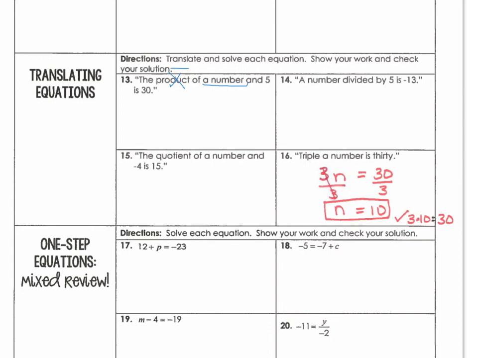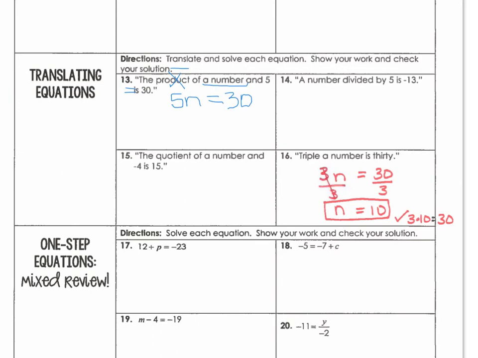So the way that I would show this is I would put a big old 5 and then pick my favorite variable. Whenever I see the word is, that's where I put my equal sign. So I have 5n equals 30. Product means to multiply.